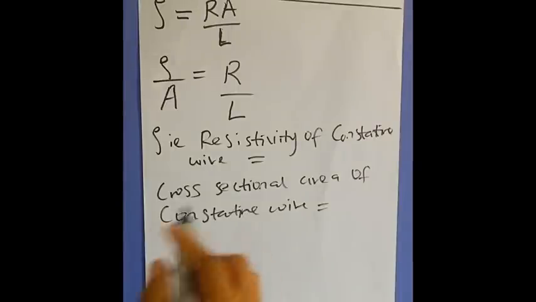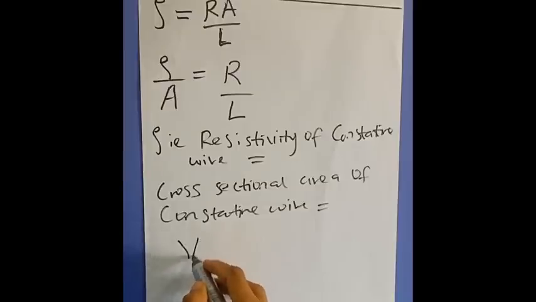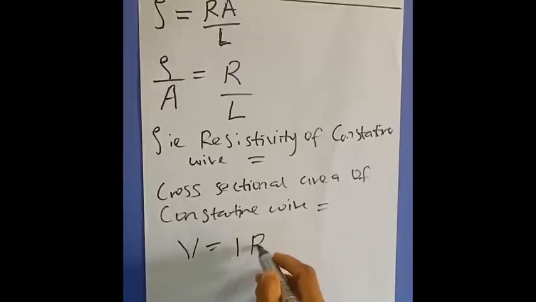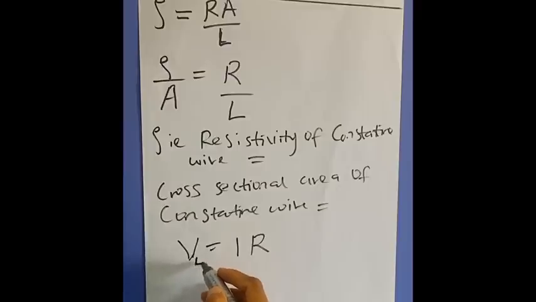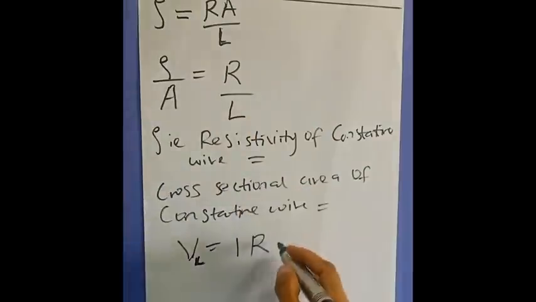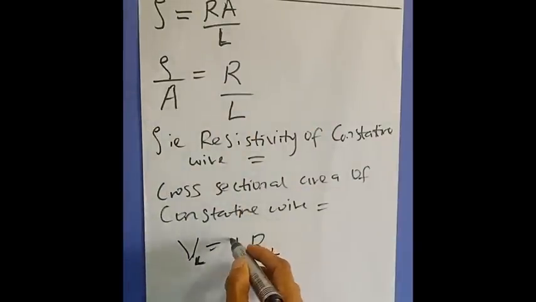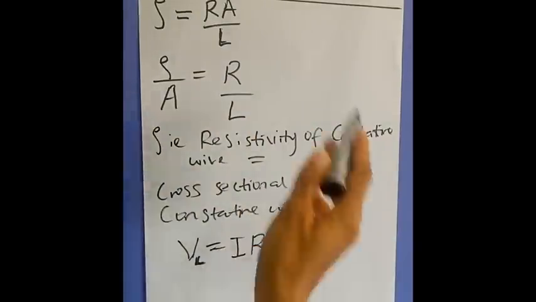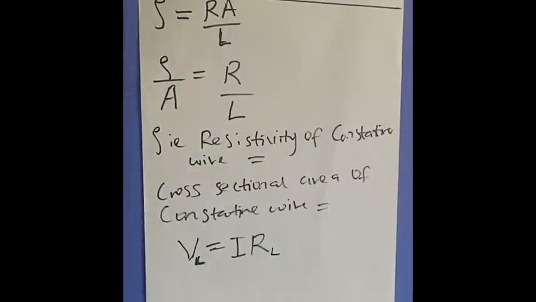We will also employ V is equal to IR. We'll get the voltage for each length, then the resistance for each length. I is the current. So with this, we are going to get value.